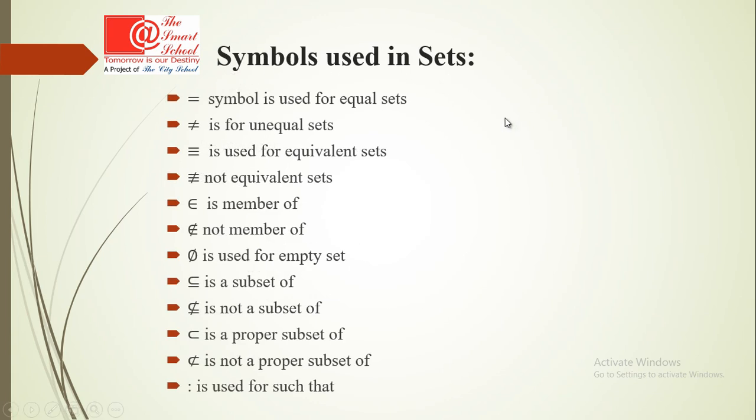Now the symbols which we use in sets, there are so many symbols and all of these are given on page 13 of your textbook. But to make it easier for you, I have written all these over here. Now this symbol is very common.